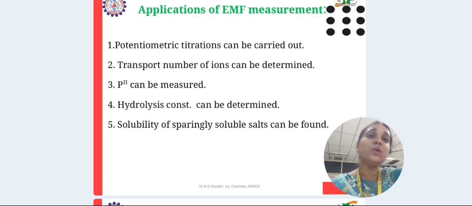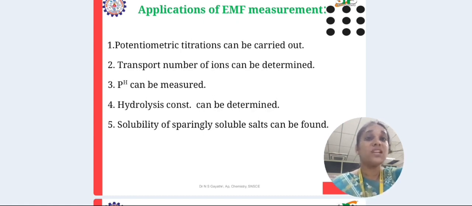The transport number of ions can also be determined using EMF measurement. While using the EMF measurement, how the number of ions is transported from one end to another end can be calculated, and the pH of the solution can be determined.